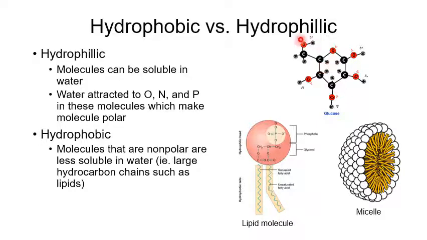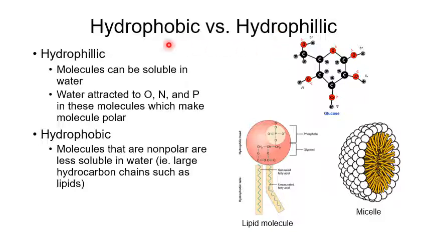Polar molecules will dissolve easier in water, because we are going to be talking about solutions in a bit, and in our body the solvent is water. So polar molecules can dissolve easier in water because they are water loving, hydrophilic.